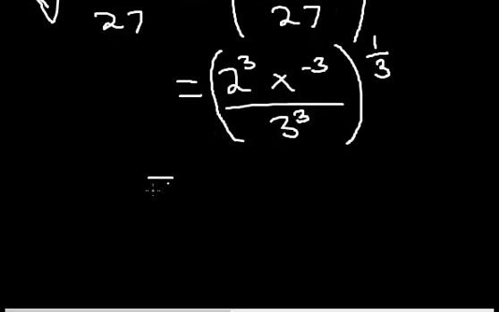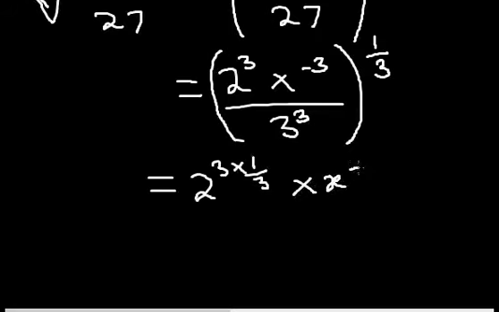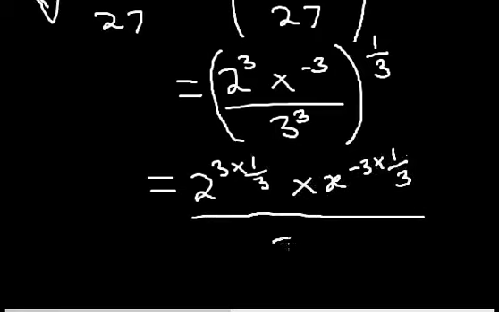At this point, what I'm applying is the power law. A power outside the bracket will always multiply with the power inside the bracket. So remember the power law: powers always multiply themselves. If I open this bracket, then this power outside the bracket will multiply all the powers inside the bracket. So I'm going to have 2 raised to the power 3 times 1 all over 3, then times x raised to the power of minus 3 times 1 all over 3, all divided by 3 raised to the power 3 times 1 all over 3.